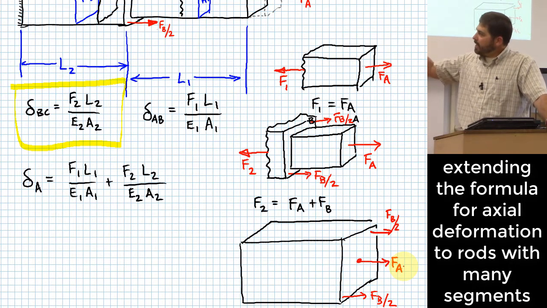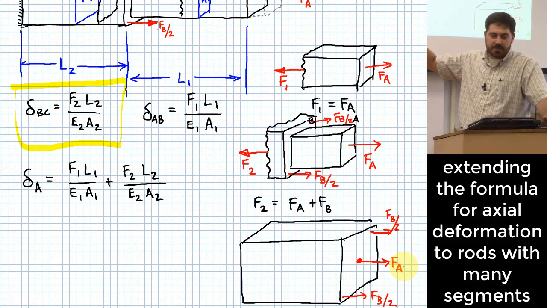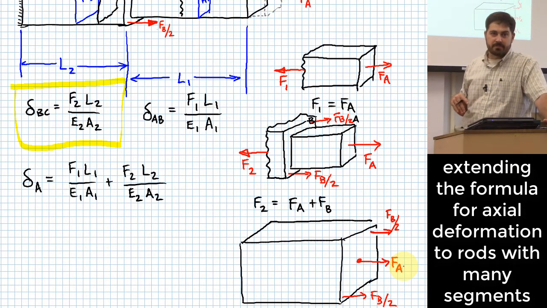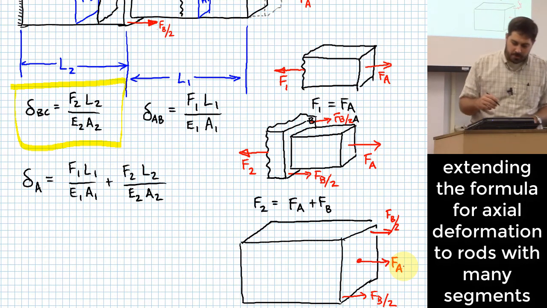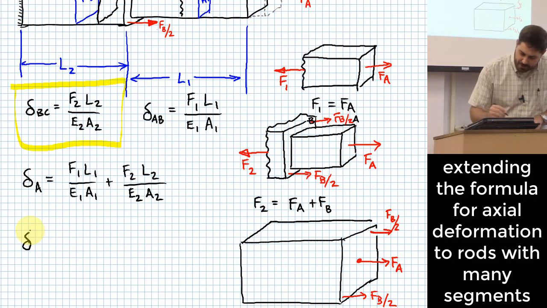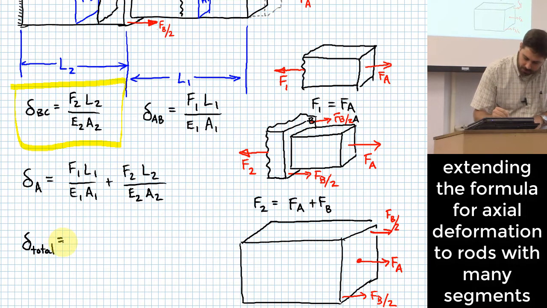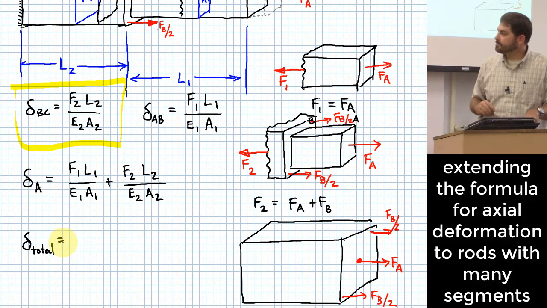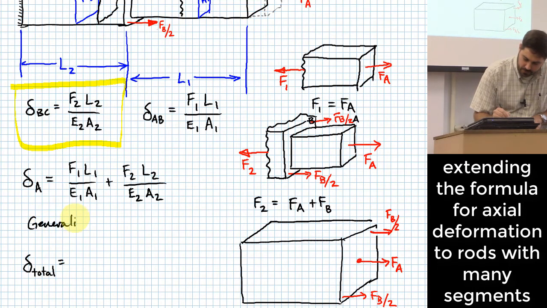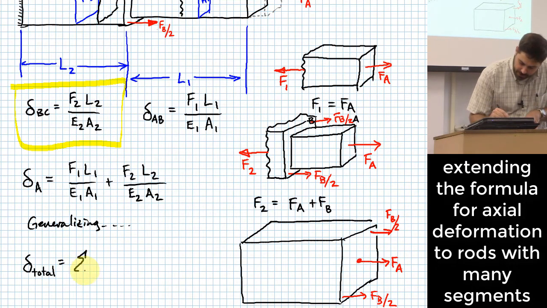All right, what I was going to get back to is this setup, this construct of how this equation works is expandable to n segments, however many segments you want to do. And what would the math have to look like if we wanted to set that up? Let me call this delta total. It is going to be equal to what? This is kind of generalizing, right? The sum. So the sum, and what would the sum look like?